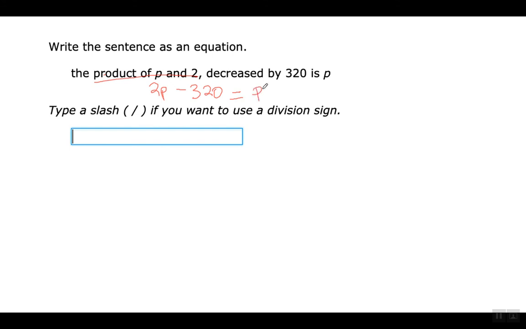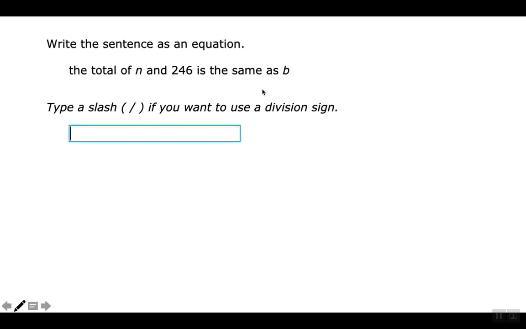Ahí está mi respuesta. The total, el total of N and 246. Remember I said the total means you add. El total quiere decir que tenemos que sumar. Is the same as, lo mismo que B. Easy peasy.